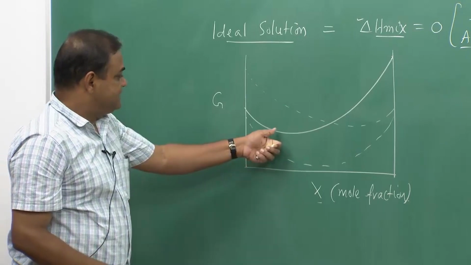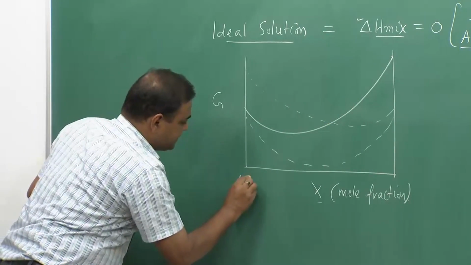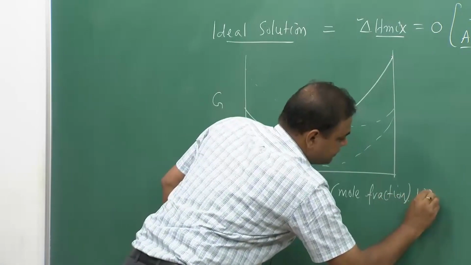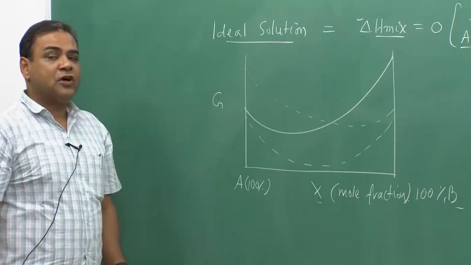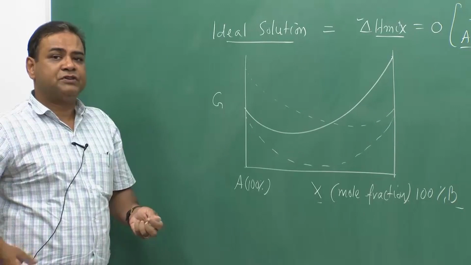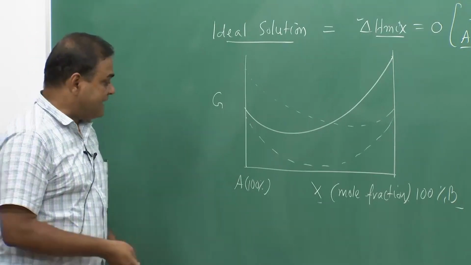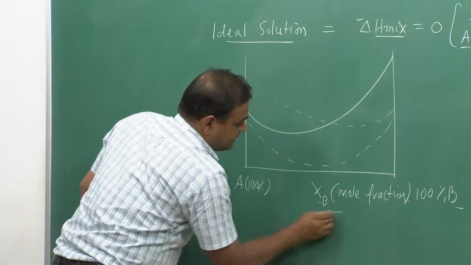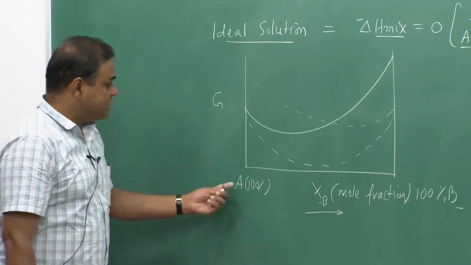And this says that if this is 100% A and this is 100% B, and they form a solid solution or liquid solution, meaning we are considering an isomorphous system, that time the mole fraction of B, Xb, is gradually increasing.